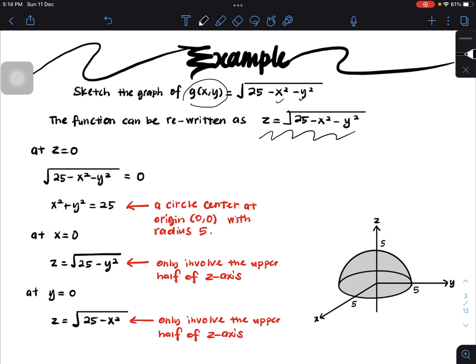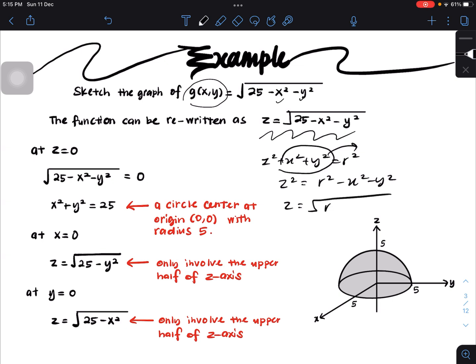This gives us the hemisphere because the formula of a sphere is z squared plus x squared plus y squared equal to r squared. When we move everything to the right, we have z squared equal to r squared minus x squared minus y squared. Then z is equal to plus or minus square root of r squared minus x squared minus y squared. Because this one is positive, it will be above the z-axis.